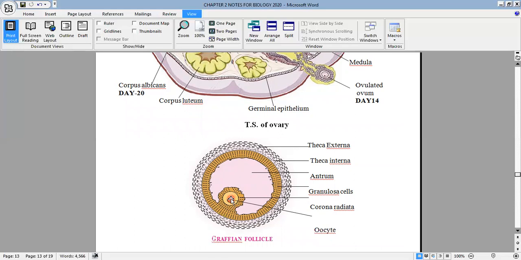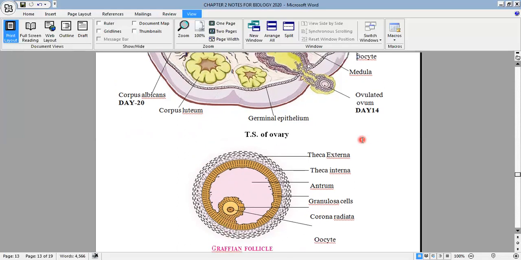So here there is oocyte, then comes zona pellucida, then corona radiata, then theca folliculi. This theca folliculi shows theca externa, theca interna, and a central fluid-filled cavity called antrum. So when a secondary follicle gets converted into all these parts with a secondary oocyte arrested at metaphase, you say that it is a Graafian follicle.